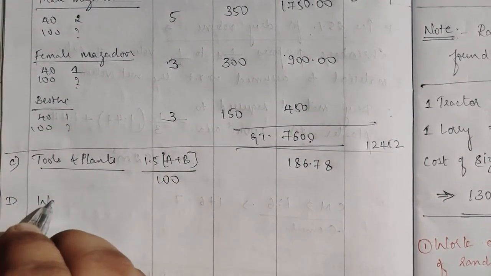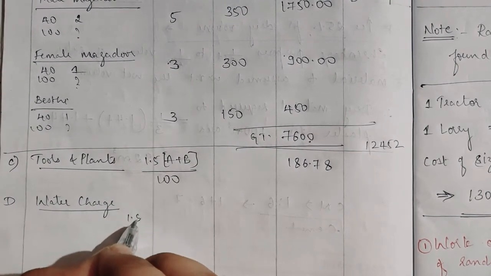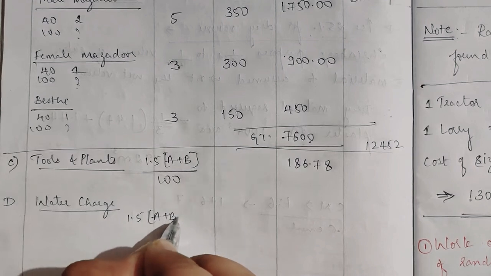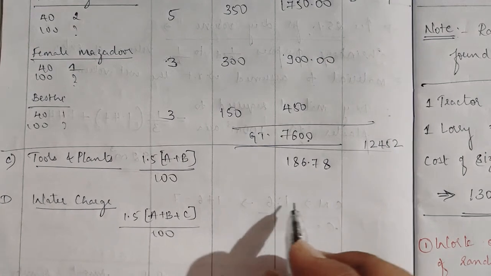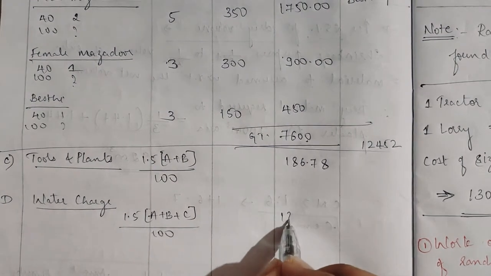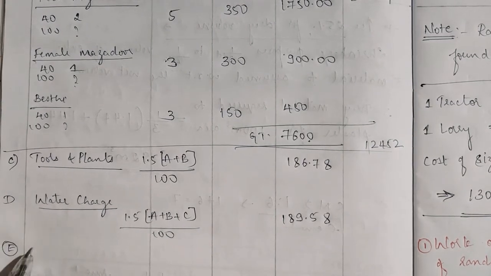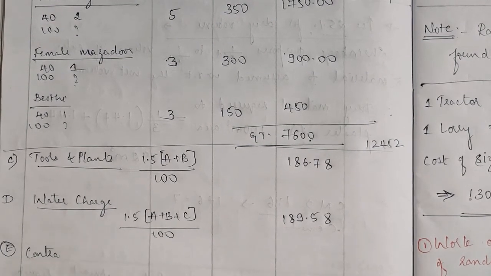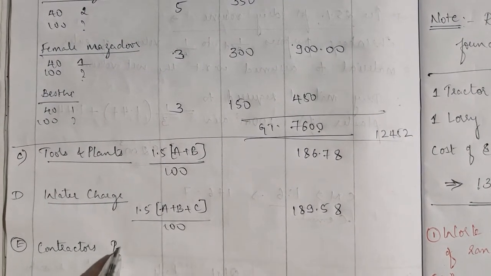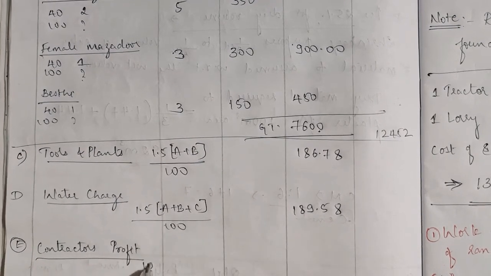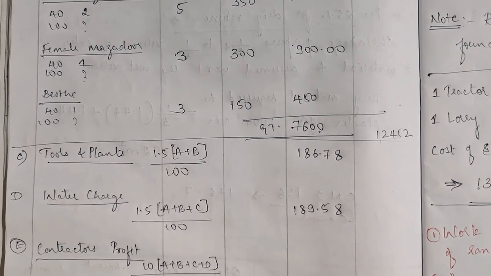Next, water charge and overhead charges. It will be 1.5% of A plus B plus C divided by 100. When I calculate it, I got 189.58. Now your contractor's profit will be 10% of A plus B plus C plus D divided by 100.